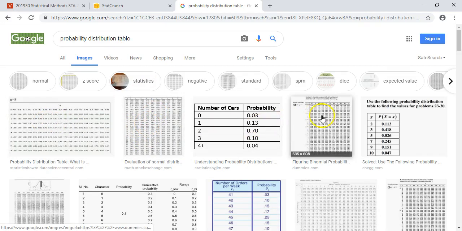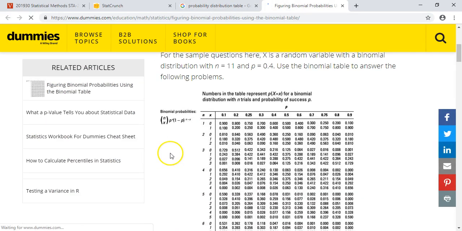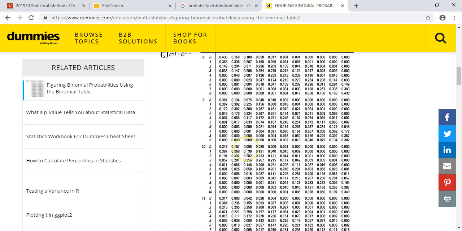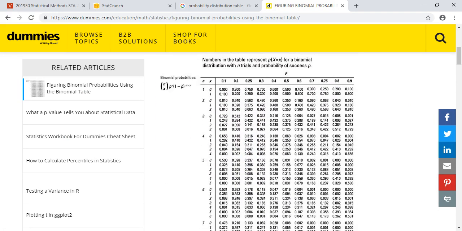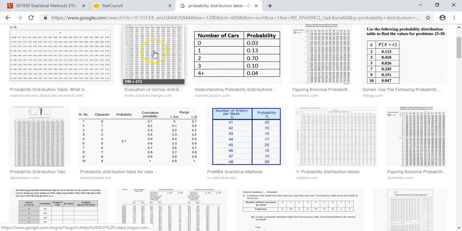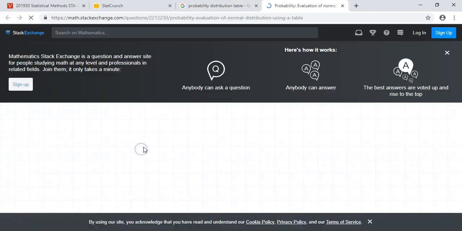Let's grab this one. That looks kind of ugly, so let's not use that one. Let's get something a little bit better. This one looks like what we've been working with.